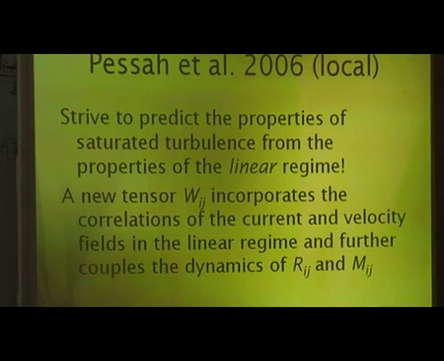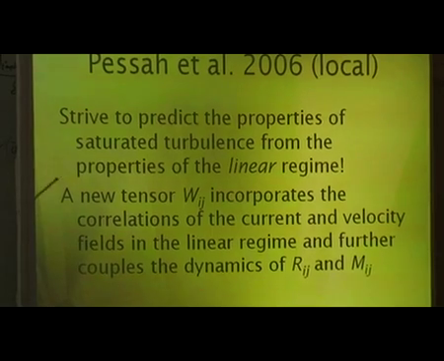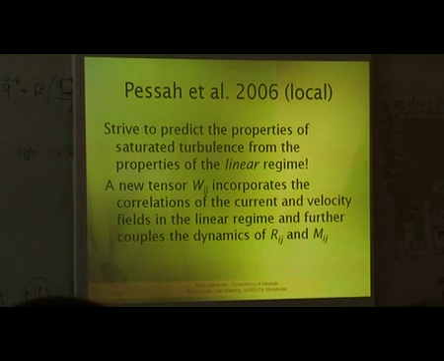Now this other one, that should have been 2006 in the previous slide as well. Anyway, it's a slightly different model. They try to predict the properties of saturated turbulence from the properties in the linear regime, which is quite remarkable because it goes against what I just said.